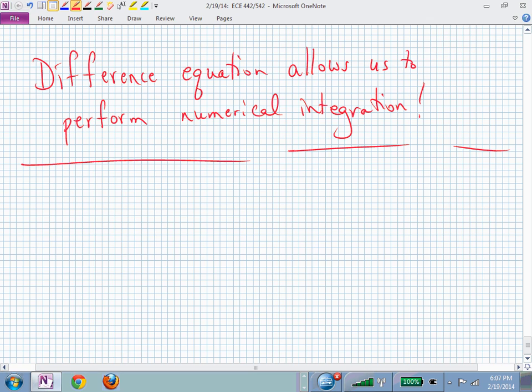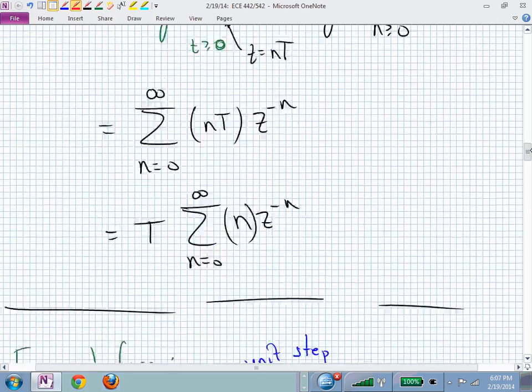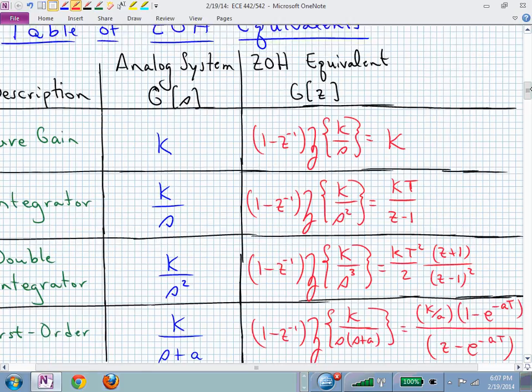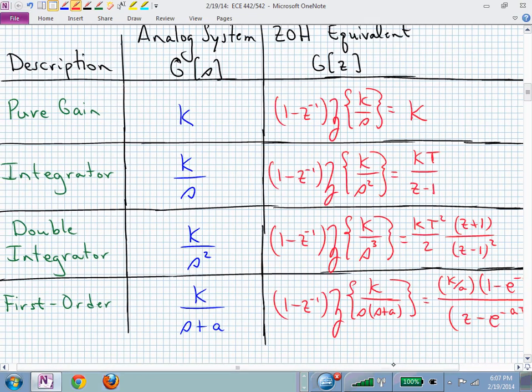All right. Now, what we want to do is fill up the next entry in that table that we started with. We have now completed the first 3 rows of that. We went on the odd rows Monday. Now we're doing the even rows. And we just derived this zero order hold equivalent of a pure integrator.